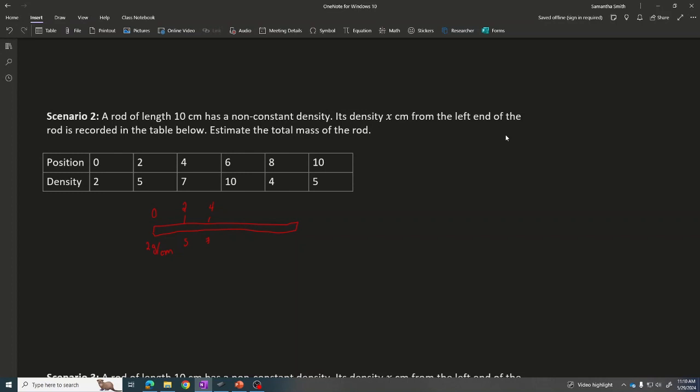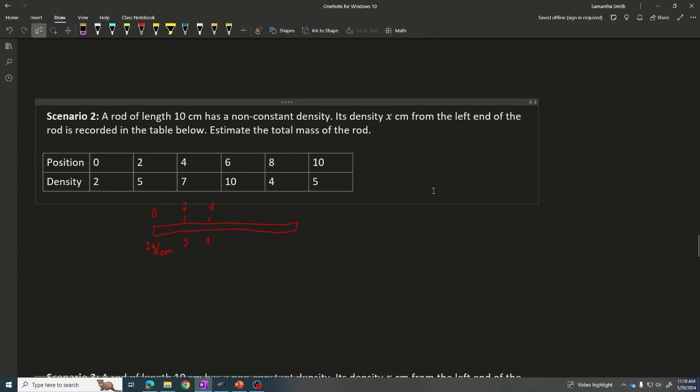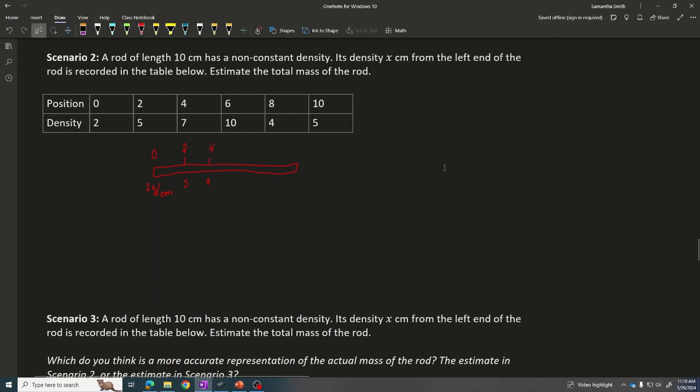Well, once again, you can use the same idea that we used with the car in the distance traveled example. In this situation, you have to make some assumptions in order to make this estimate possible. For example, you can assume that this first chunk of the rod has a constant density.